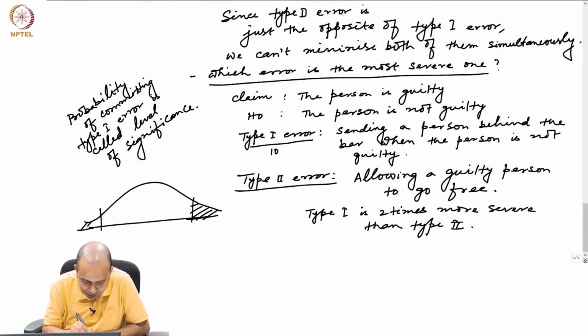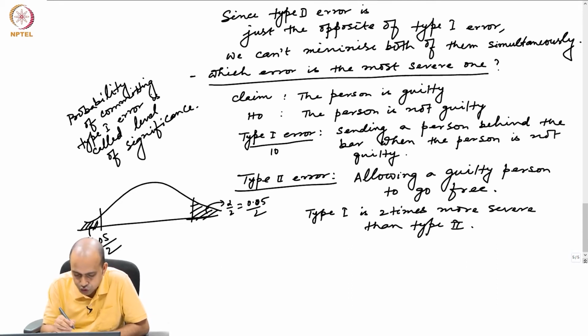Probability of committing type 1 error. When you are rejecting the null, what is the maximum, what is the minimum number of type 1 errors that you are committing? That is called your level of significance.